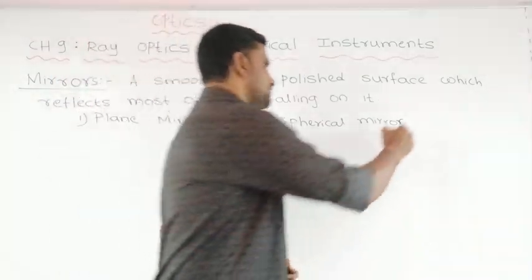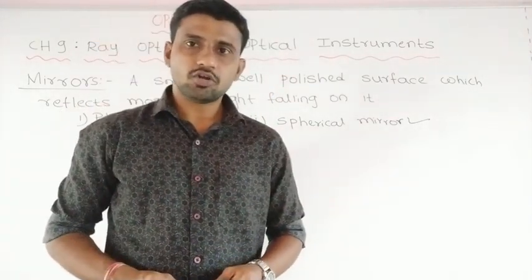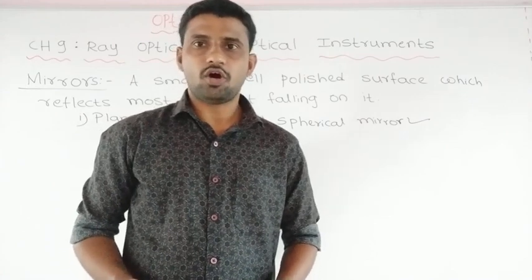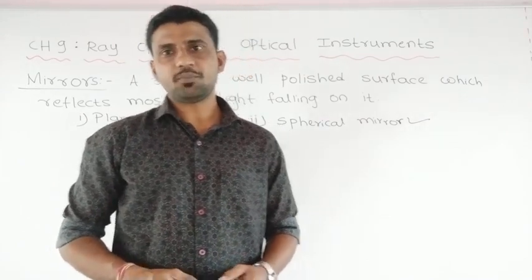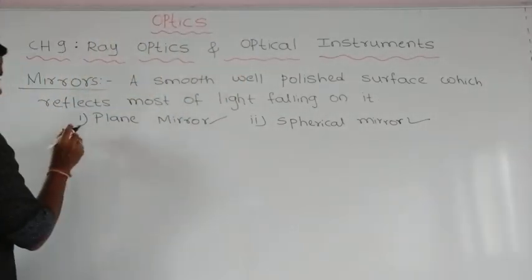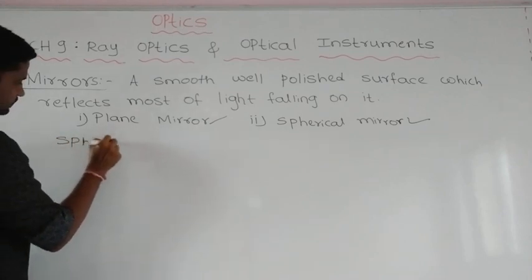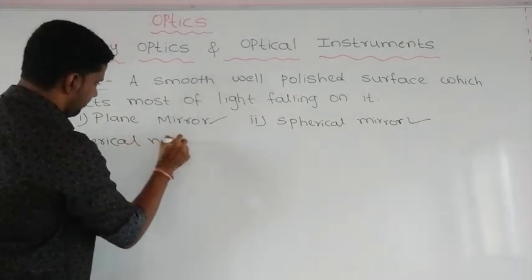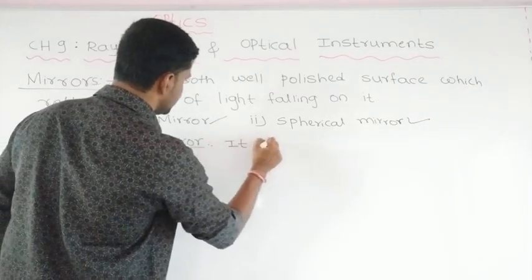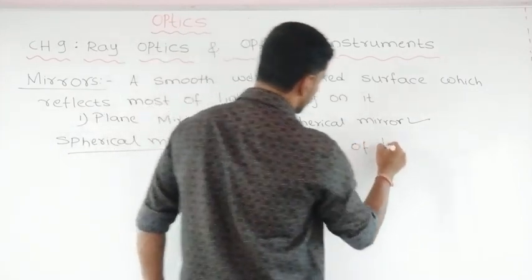What do you mean by a spherical mirror? A spherical mirror is a part of a hollow sphere whose one side is reflecting and the other side is opaque or non-reflecting. That type of mirror is called a spherical mirror.